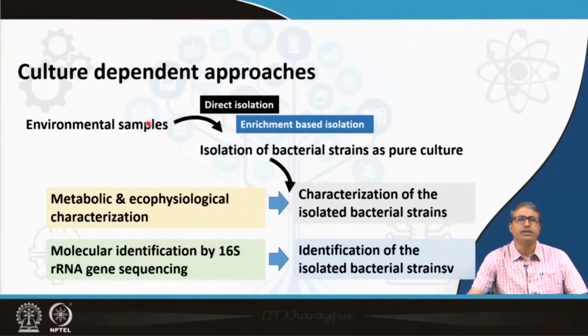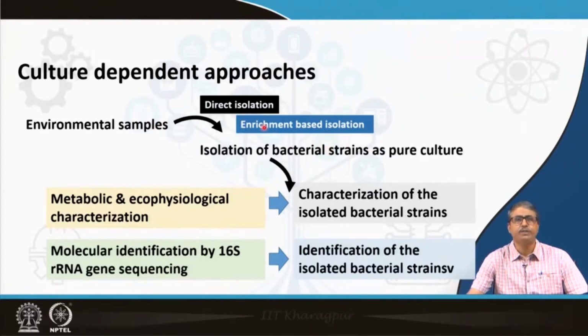So, we need to have a dilution, and those dilutions are made using a sterile medium or a suitable buffer, or sometimes sterile saline, so that the osmolarity of the environment is maintained, and we are able to have individual colonies appearing on the plates or on the anaerobic agar, and we isolate those individual organisms and then we characterize them.